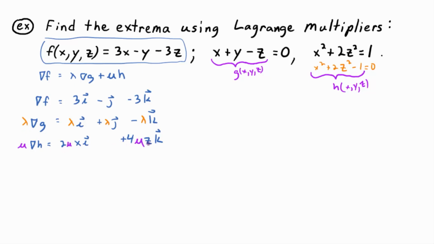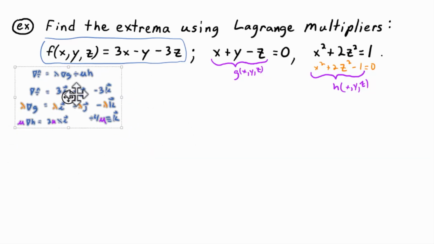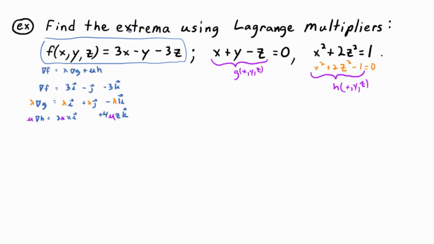There we go. So here's how you set up the system in this case. Let me shrink it, just enough so you can still see it. But I can create my system right here. Let me circle the 3. That's the one that's going to be by itself on one side. You would say 3 equals this component, the component of lambda del g, plus this component, the component of mu del h.